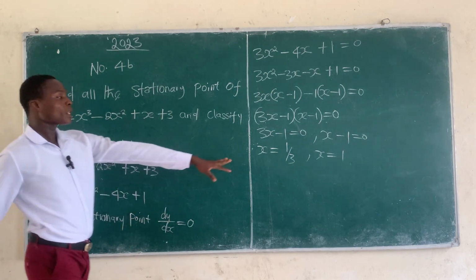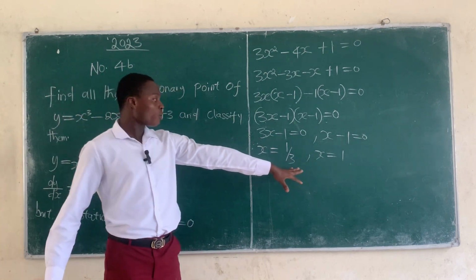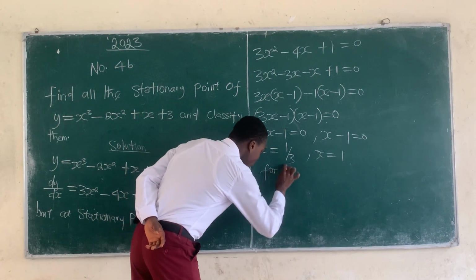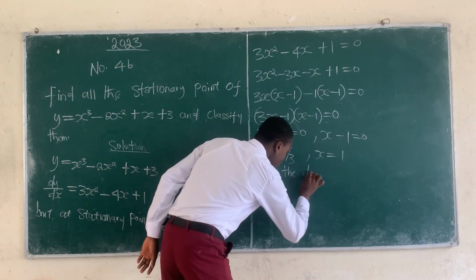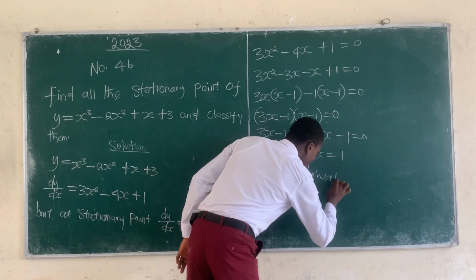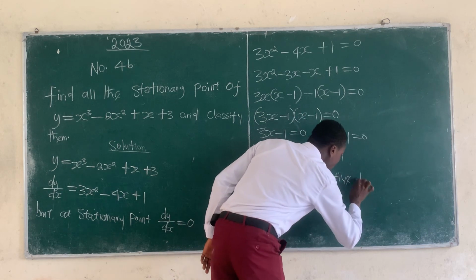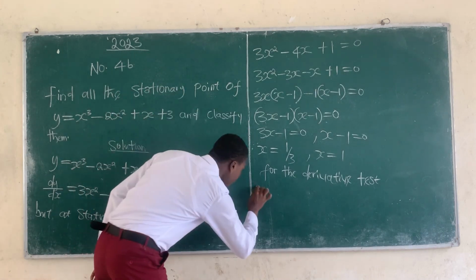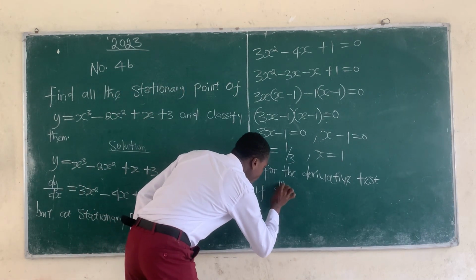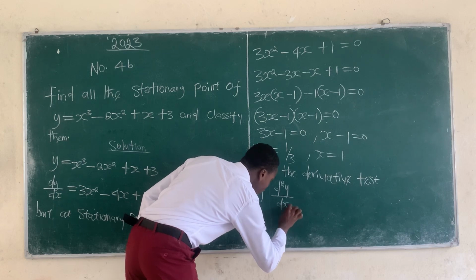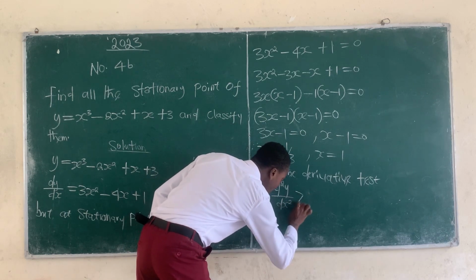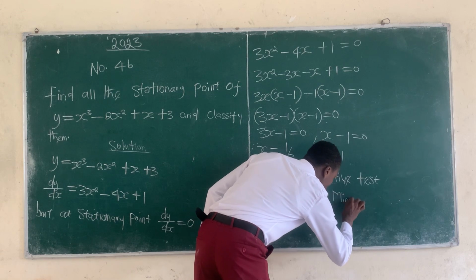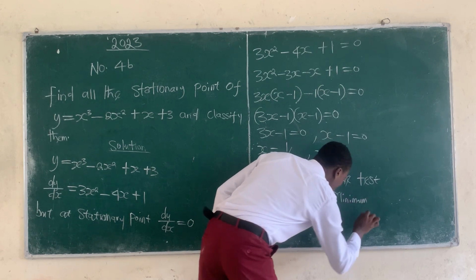So to classify the stationary point, we are going to be using the second derivative test. And for the second derivative test, if the second derivative of the function with respect to x is greater than 0, then we have a minimum.